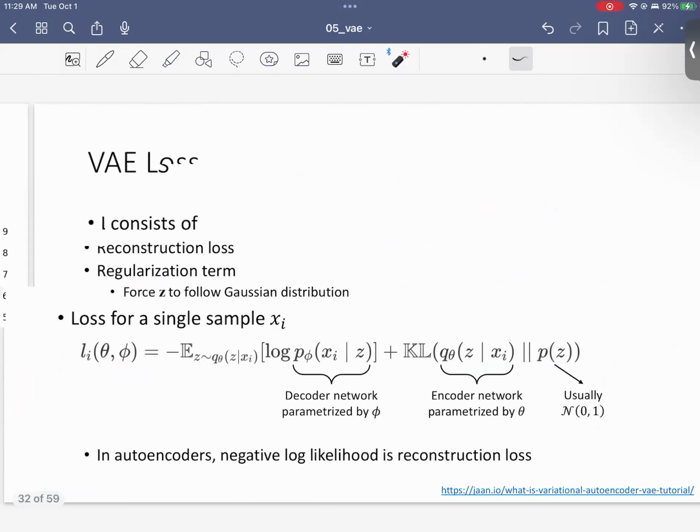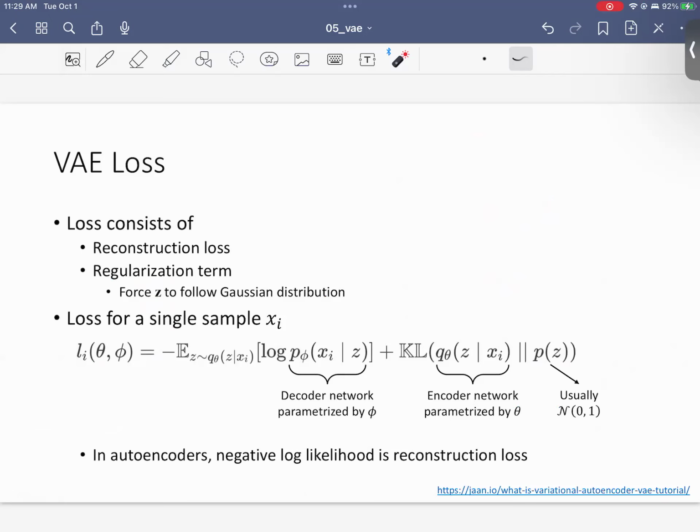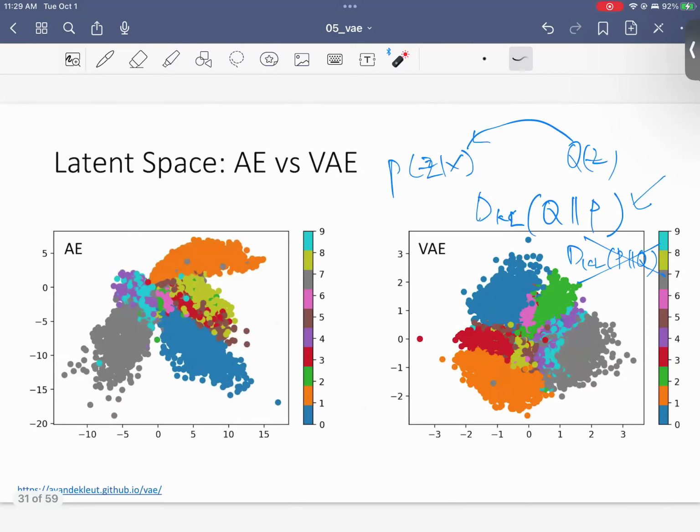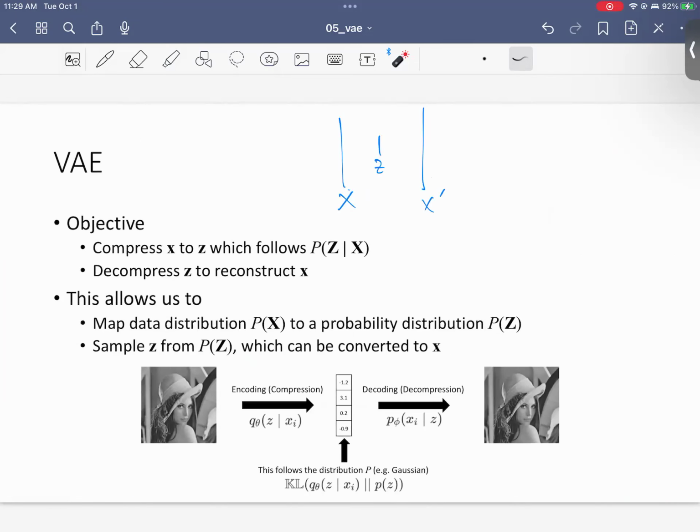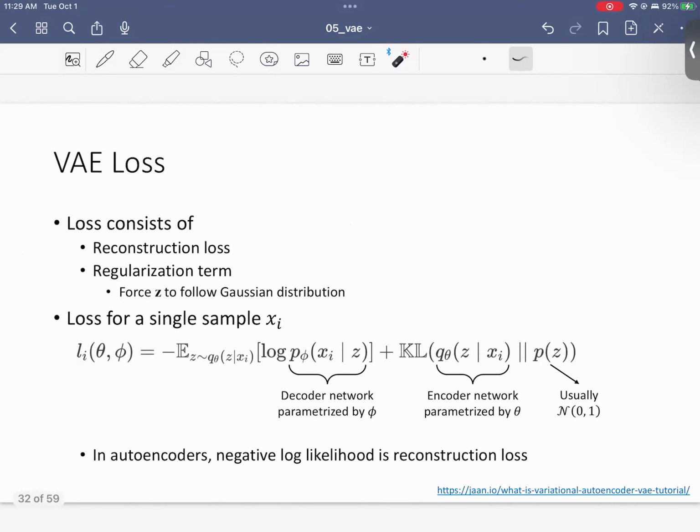All right. So that was it, but there's a deeper meaning to what VAE is actually doing. You can interpret VAE as just a reconstruction.